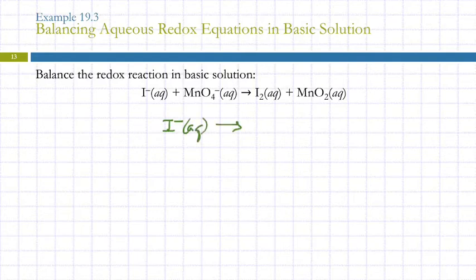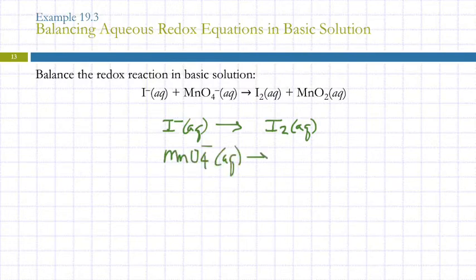And what's that going to go to? I2. If you try to make the I minus into MnO2, you're going to have a really tough time. And then the permanganate ion goes to the MnO2.